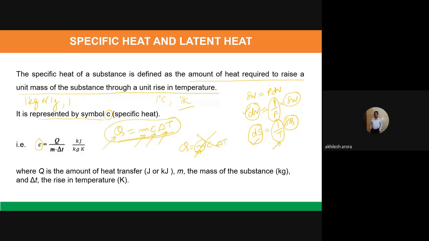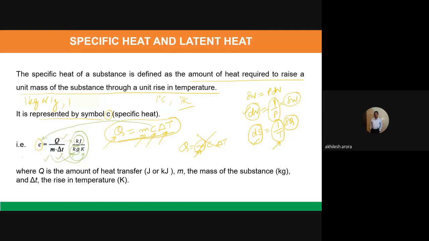So from here I can calculate the value of C. C is given by Q divided by M into delta T. The unit of Q is kilojoules, mass is in kilogram, and temperature is in Kelvin. So the unit for the specific heat in this particular equation is kilojoules per kg per Kelvin. You should always remember that.